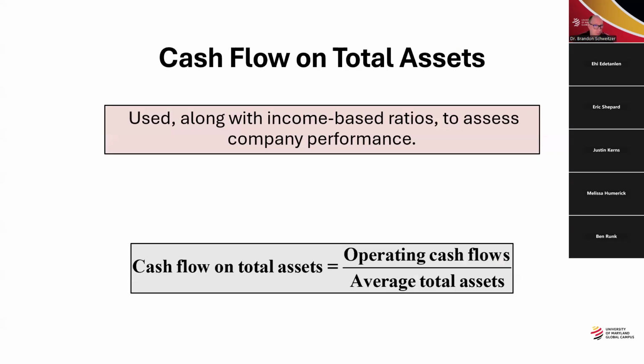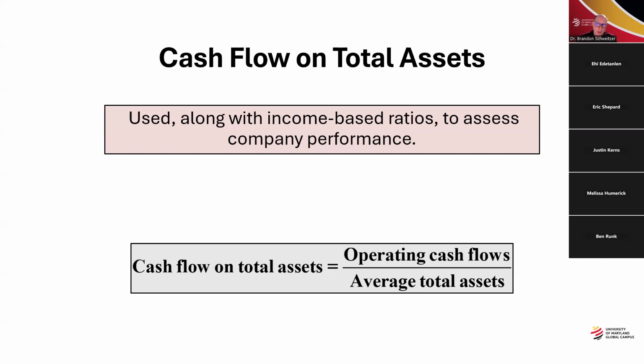It's also important for us as managers to be able to make quick decisions by making a few computations. One of my favorite ratios is the cash flow on total assets. Cash flow information can help measure the company's ability to meet its obligations, pay dividends, expand operations, and obtain financing.